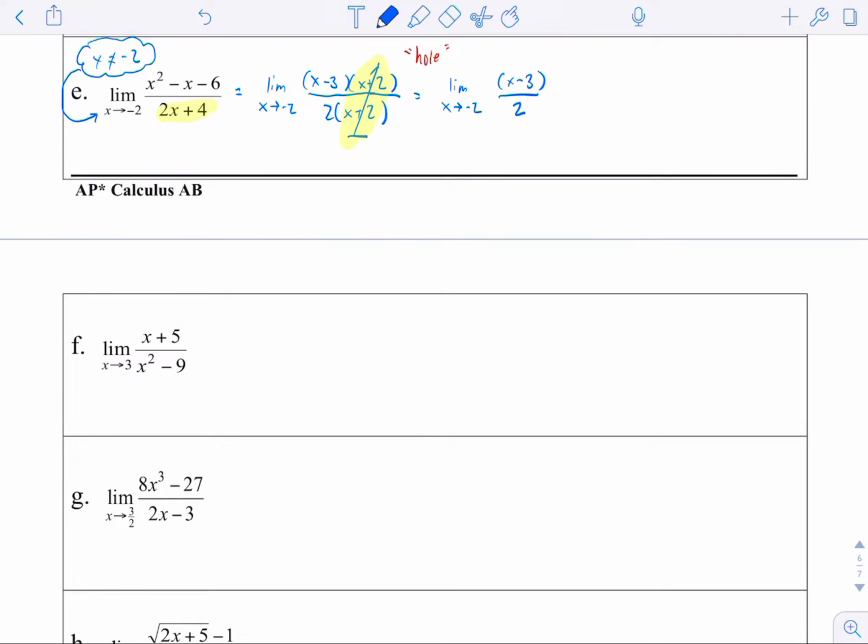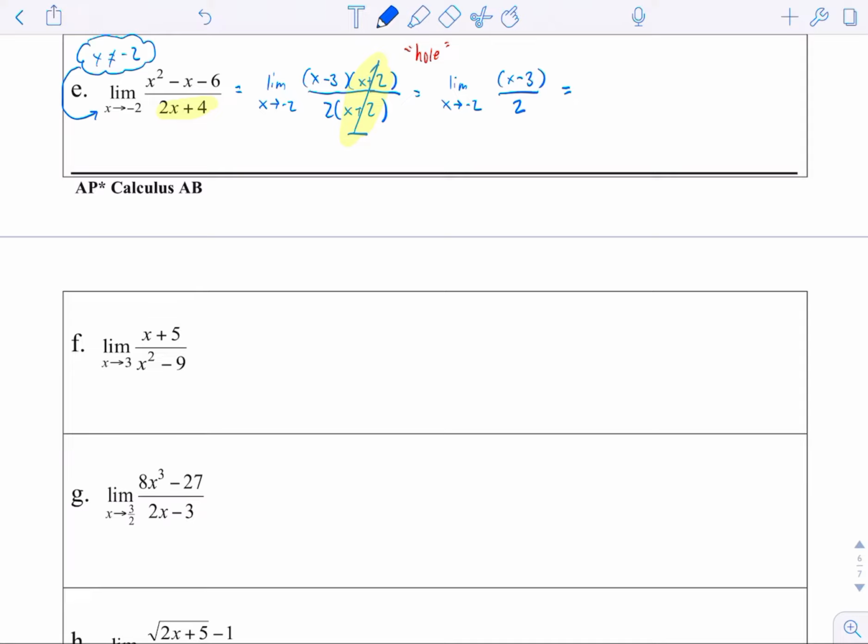Now that I use algebra to rewrite this form by essentially canceling out those x plus 2's, or creating a 1, I can just use direct substitution and get, when I plug in the -2, -2 minus 3 over 2, which ends up becoming -5 halves. So that's pretty sweet.